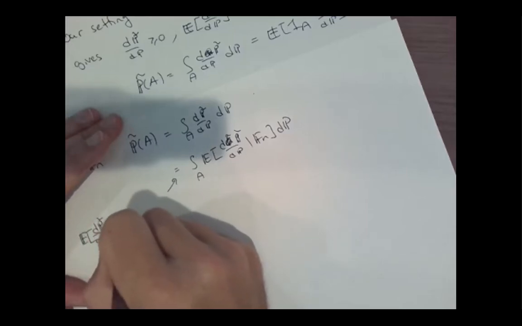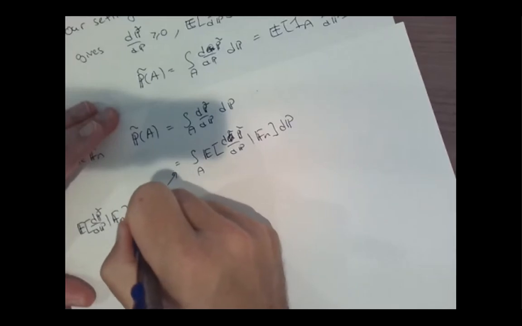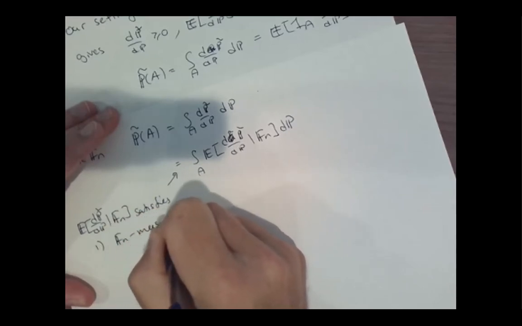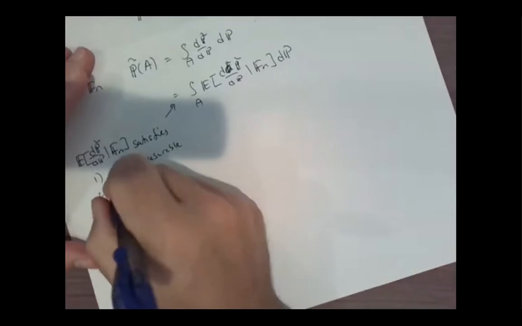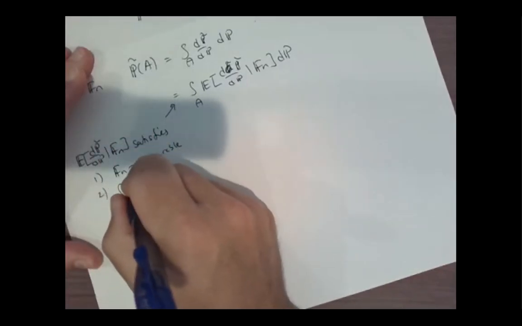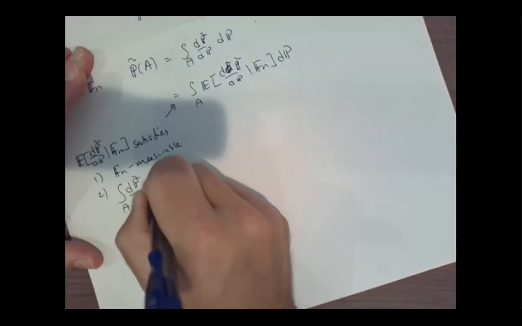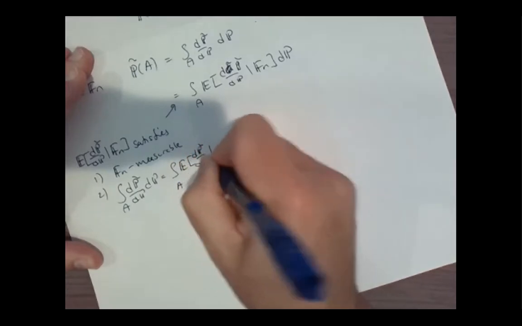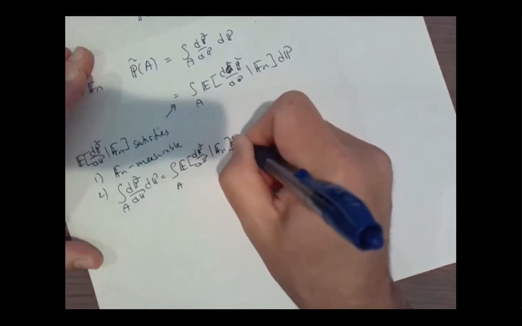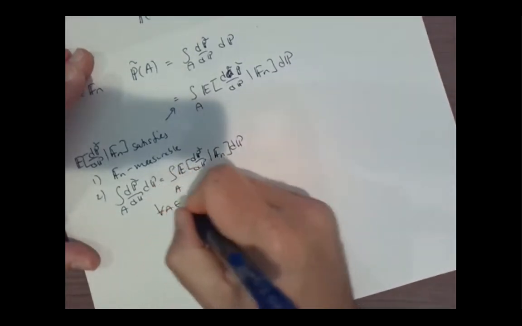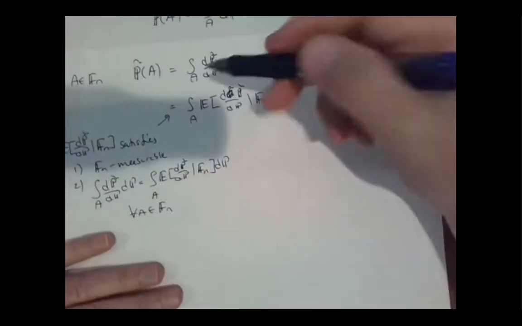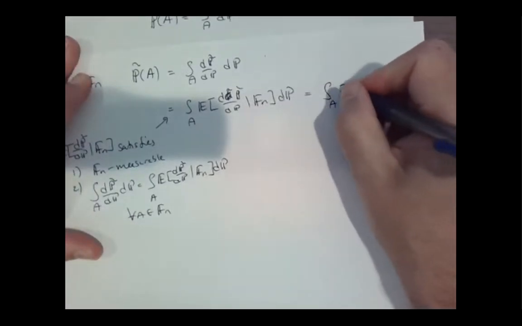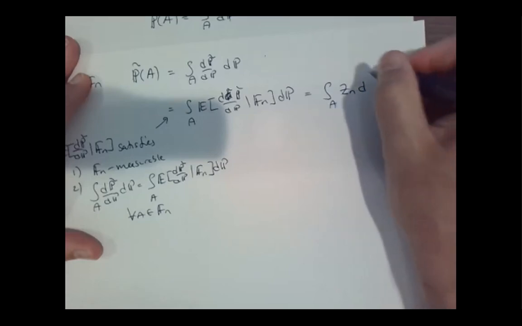The first one is that it's Fn measurable. And the second property is that if I integrate over sets in Fn, this is the same as integrating the conditional expectation over those sets. This is for all A in Fn. It's the second property we're using here. And of course, I can write this as the integral over A of Zn dP.